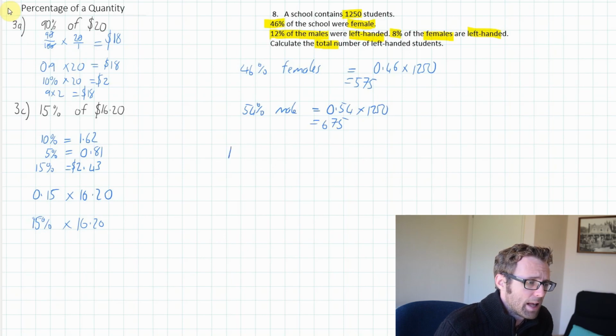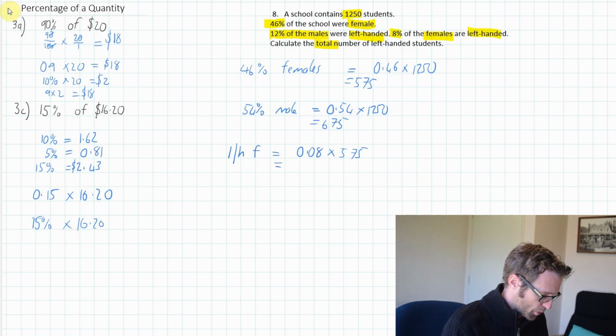Left-hand females equals, there's 8%, so I'm going to go 0.08, that's what 8% is as a decimal, times 575, because that's the number of females, and that's 46.